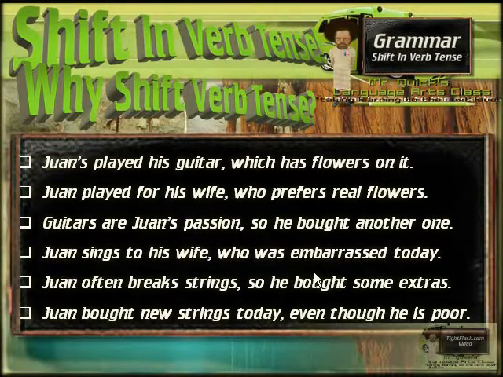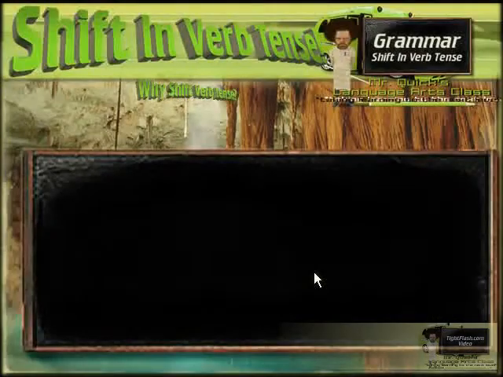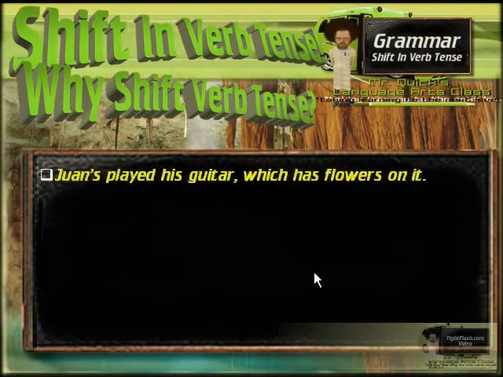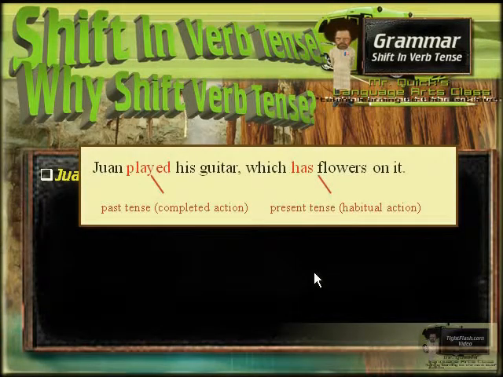Now, this is definitely going to be a completed action with played, and has flowers on it is going to be a habitual action, because this is something that just happens and happens and happens.